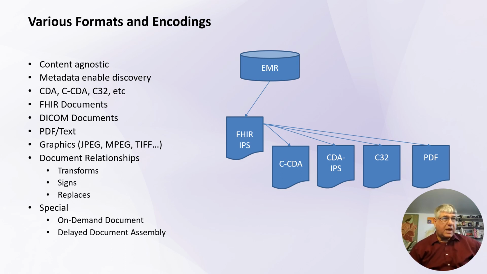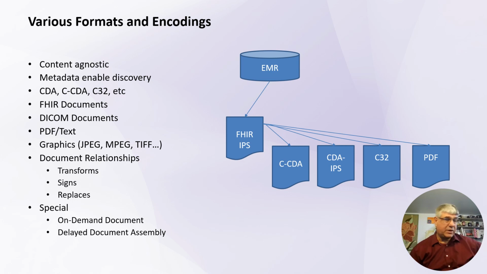With these content agnostic capabilities, there's also a set of relationships that various document entries can have with each other. Like described on the right here, where a FHIR IPS is the primary publication. And there is a bunch of derivatives off of it that are really just transforms. So everything to the right of that FHIR IPS is explained in the document metadata as a transform of the IPS.